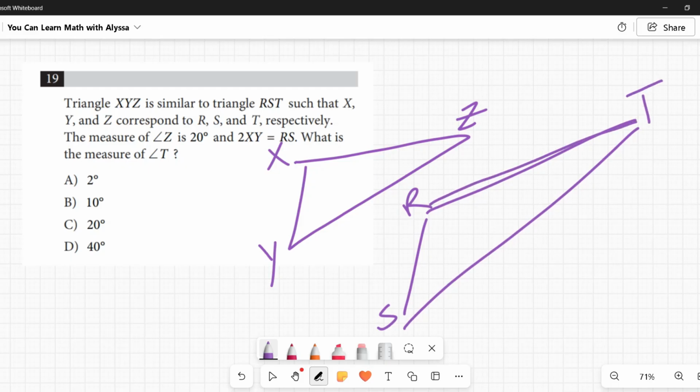I usually start drawing right at the beginning, before I even read the whole thing, so I may have drawn them incorrectly, but we'll see. So triangle XYZ is similar to triangle RST, and X, Y, and Z correspond to R, S, and T. Okay, so I've oriented them the same way in space, so we can see boom, boom, boom, boom.